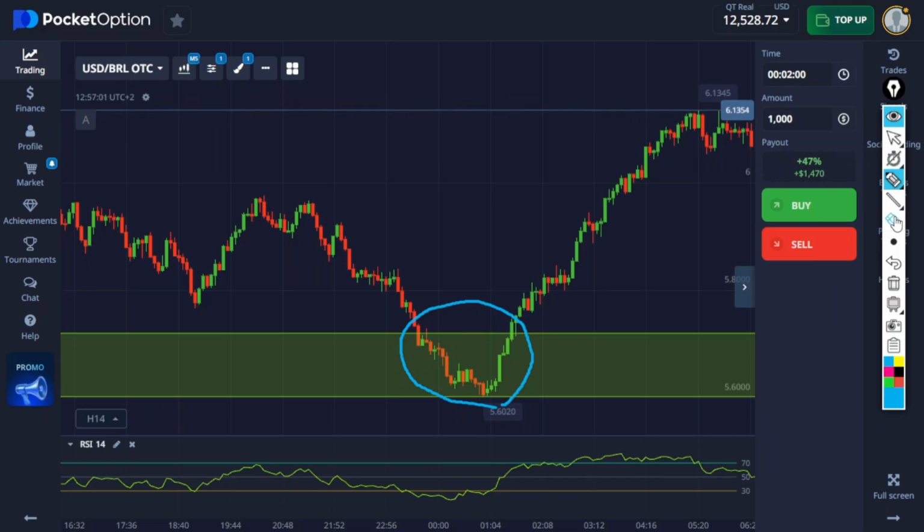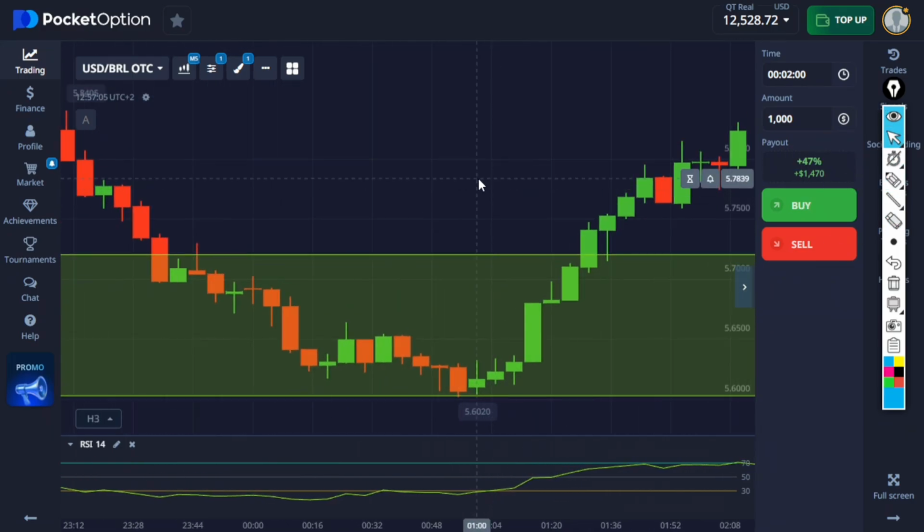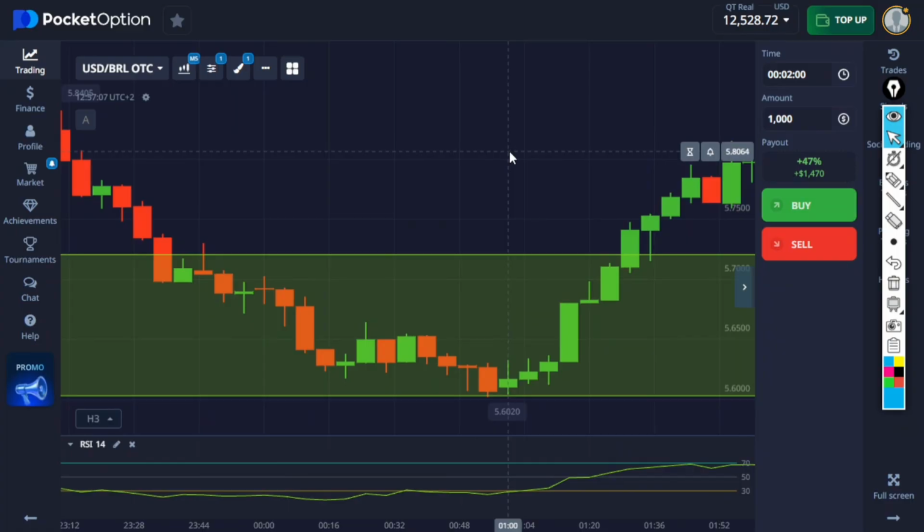So on the third bounce, the third retest of the support zone, we're looking for buys. Okay, so confirmation number 1, price drops down into the support zone. The second confirmation we're looking for is a break of structure. And right over here, on this candle, we got a break of structure and a beautiful closure. So confirmation number 2, we can check that box.